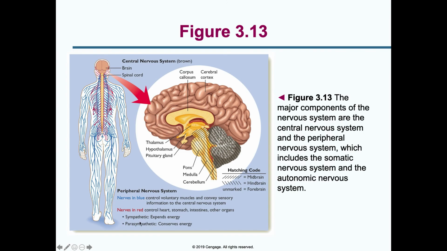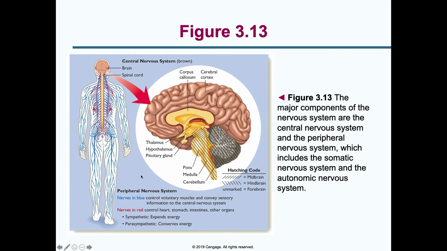So if you try to remember the word sympathetic, this part of the peripheral nervous system is like giving someone sympathy for whatever they're going through. Whereas parasympathetic is the part that's trying to conserve the energy that your body has. Okay, so again, the nervous system has the central nervous system and the peripheral nervous system as its two parts. All right, so just keep that in mind.